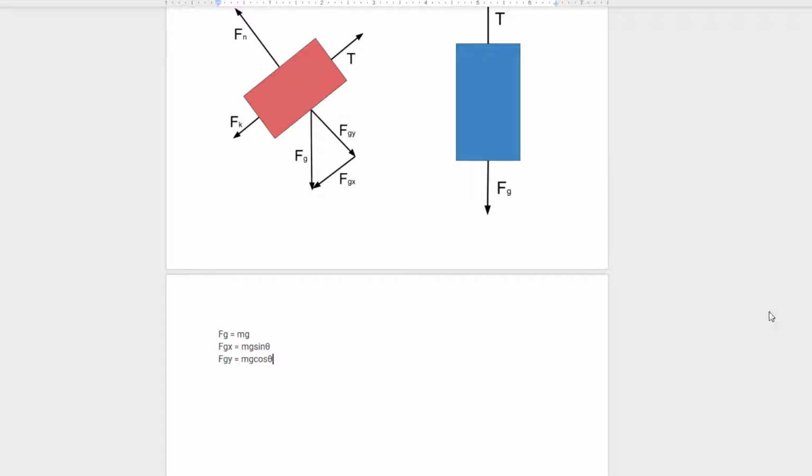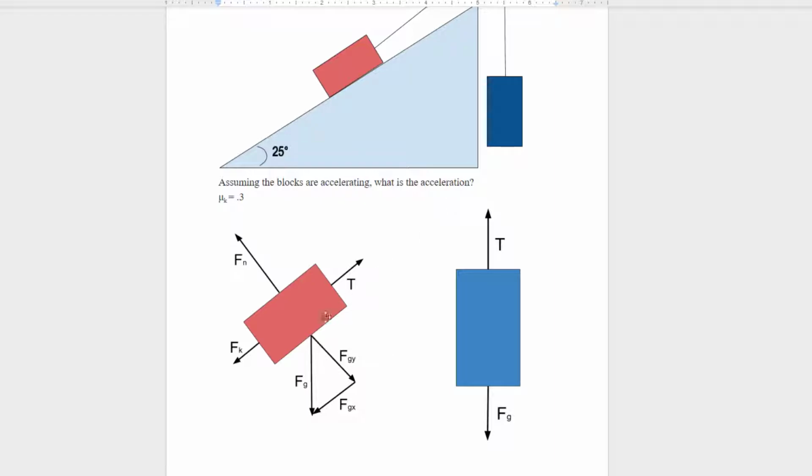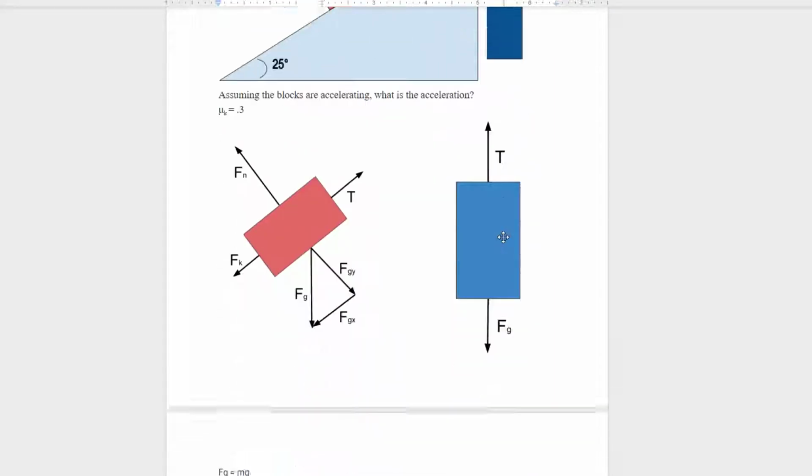Now we need to solve for the sum of the forces. The sum of the forces in the x direction equals mass times acceleration in the x direction. I guess it'll just be called max here. And that is because the block is moving this way, tension will be the strongest force.